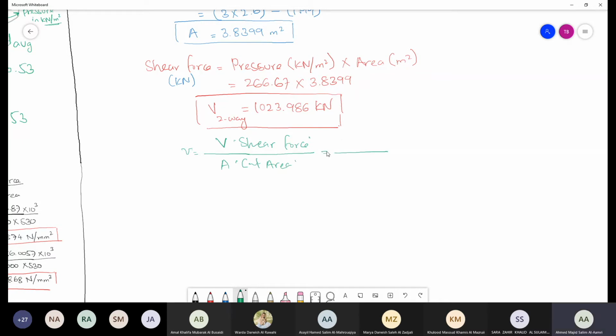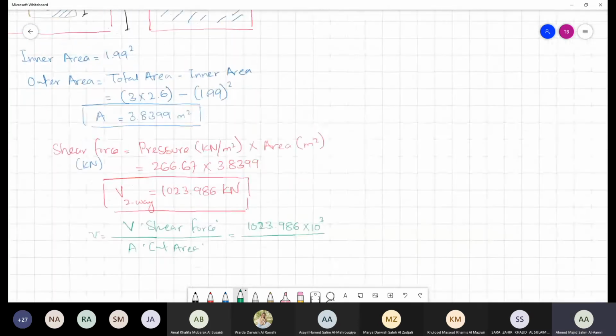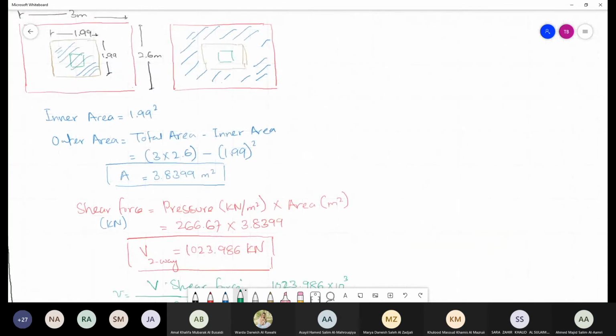That is equal to 1023.986 into 10 to the power of 3, since it's kilonewton. Cut area, what is your cut area?